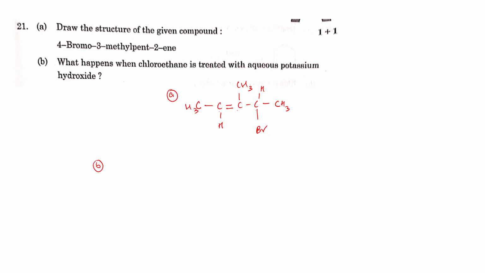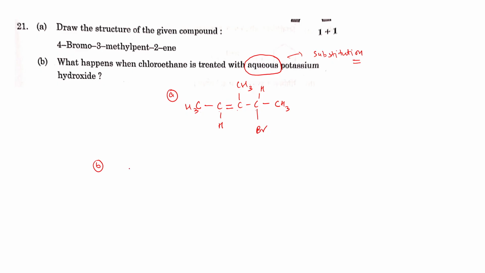Now, what about part B? What happens when chloroethane is treated with aqueous potassium hydroxide? Keyword is aqueous. If it is alcoholic, then it causes elimination. But since it is aqueous, aqueous KOH causes substitution.